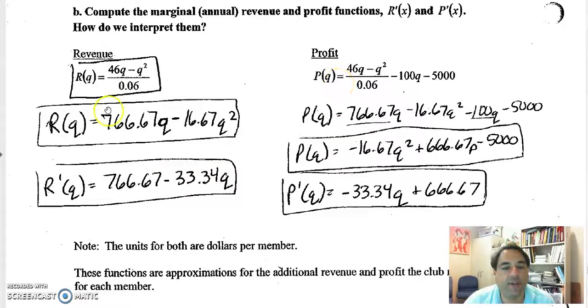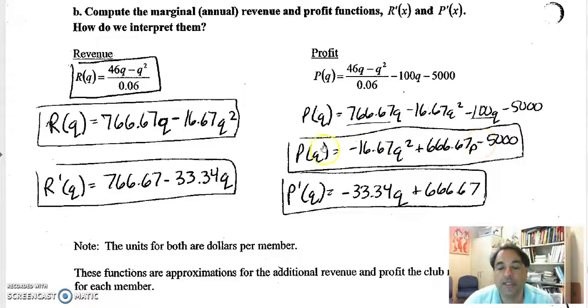Now notice that profit and revenue are similar. The first part is revenue, so that's where this came from, the beginning portion. And then we just subtract the cost, 100q plus 5,000, simplify, put the negative 16.67q squared in the front, combine the q's, plus 666.67q minus 5,000.